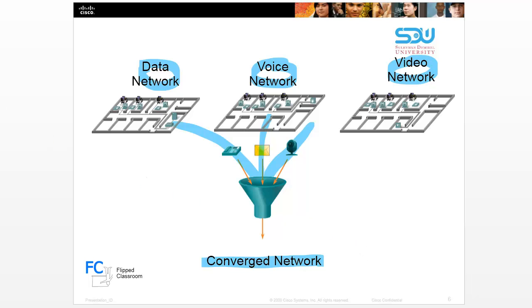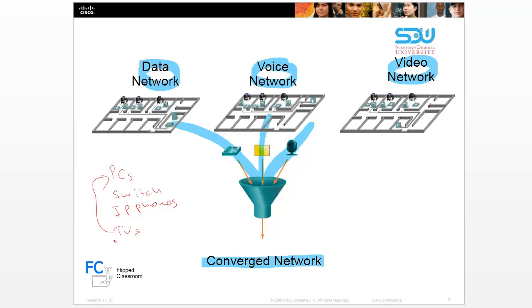In a convergent network, we usually use devices like PCs, switches, IP phones, and TVs. It can also be a PC with the role of a TV.